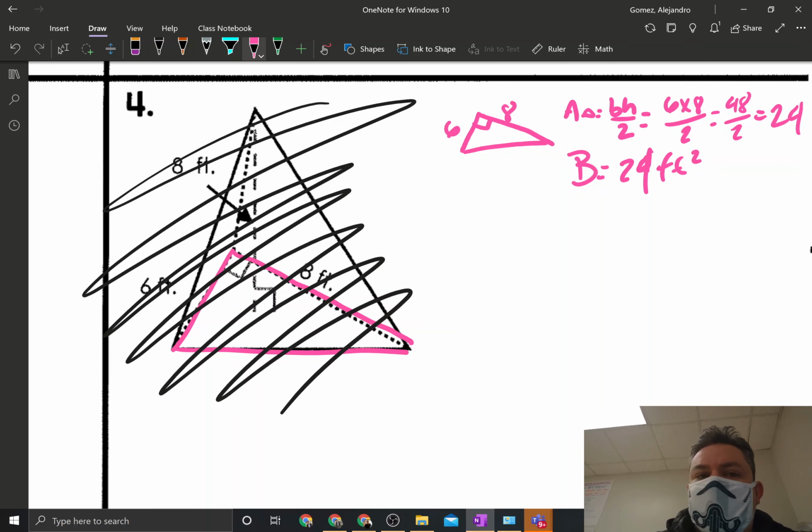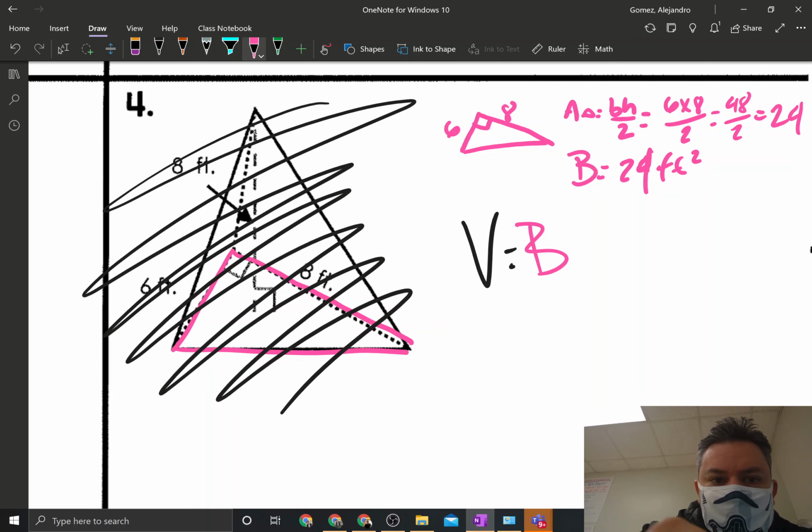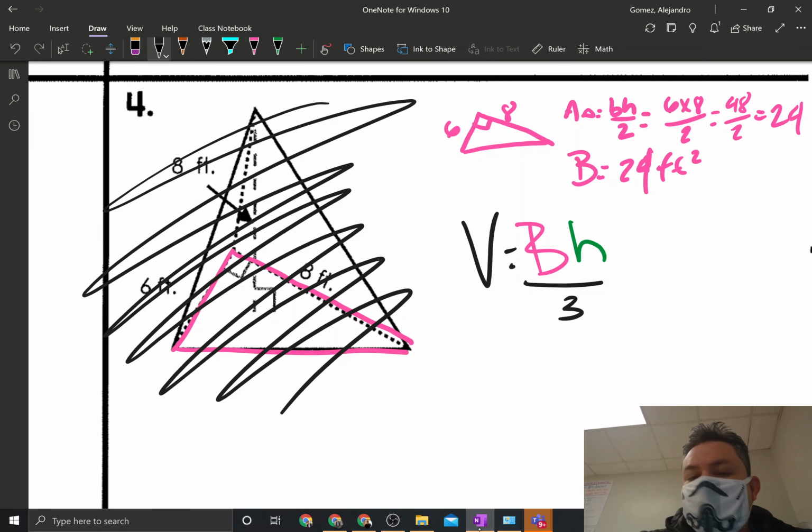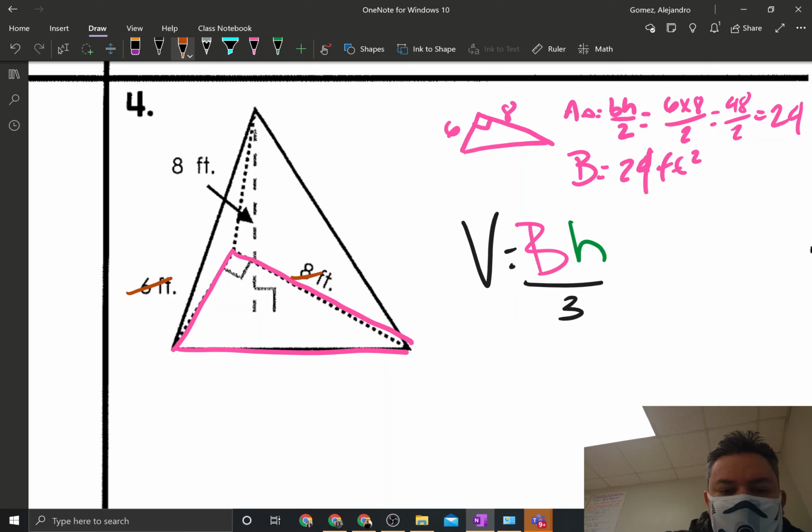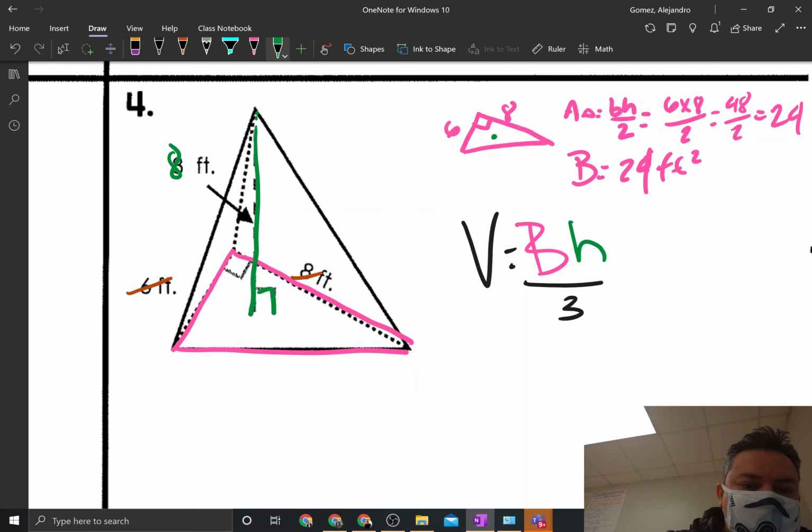So I found the big B. Remember, my volume formula looks like this. So I'm going to go back to the pyramid and I'm going to scratch out the numbers that I've used. I used the 6 and the 8. So my height again goes from the peak of the pyramid down the middle to the middle of the base. So I found this to be the height, the h.